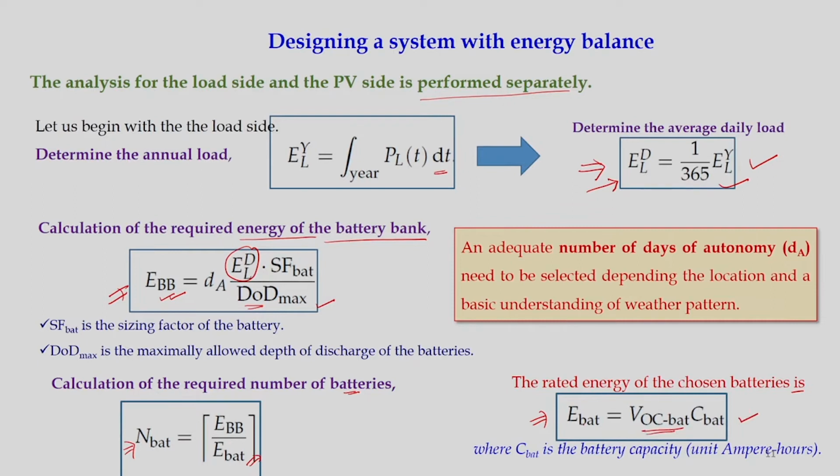This will be in watt hour, because C is in ampere hour; if we multiply by voltage, it will be watt hour, right. Once we know this, if we substitute here, we get the number of batteries required for performing the required task.